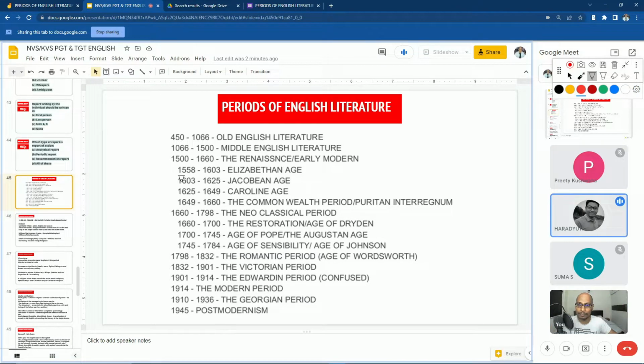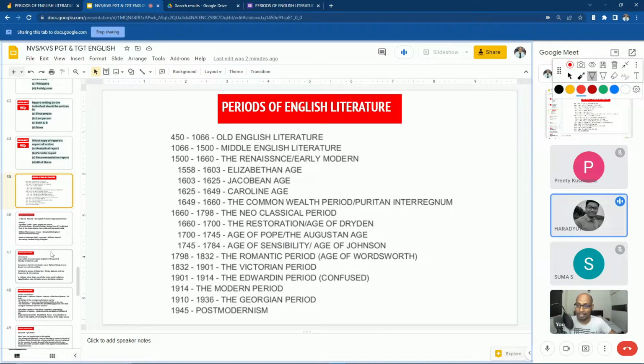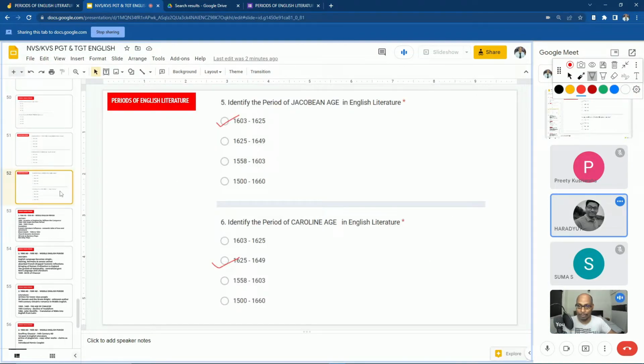Then Elizabethan, 1558 to 1603. Correct. Then Jacobean, 1603 to 1625. Correct. Then Caroline, 1625 to 1649. So the Caroline age is 1625 to 1649.